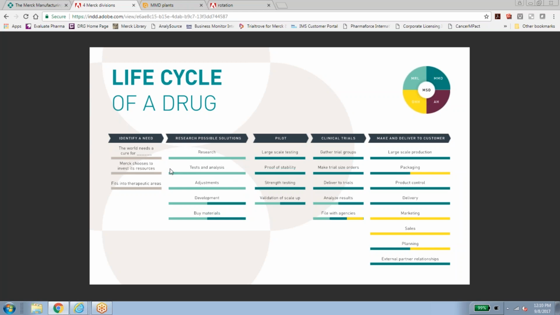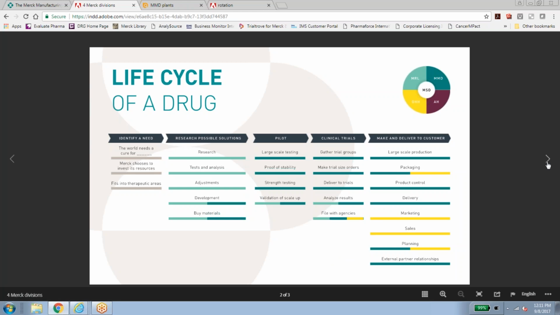And so you'll see below, under each of these main steps, what some of the specific tasks are that need to be completed. So for example, under make and deliver to customer, of course, that involves large-scale production. It involves packaging. It involves product control and delivery, as well as external partner relationships.